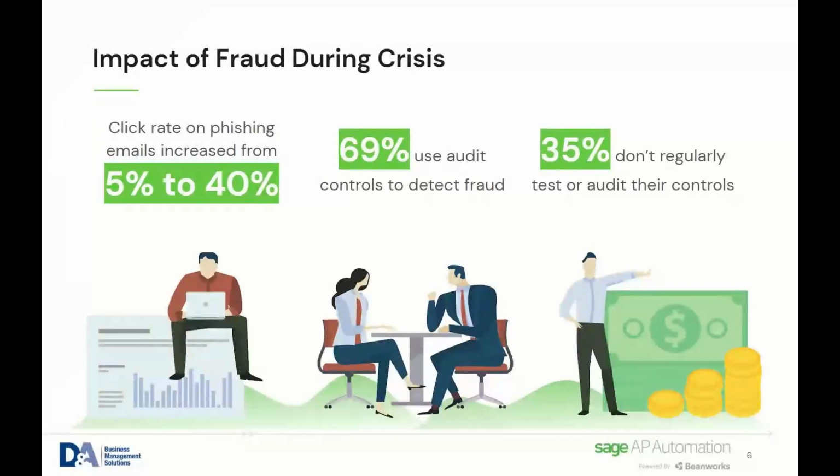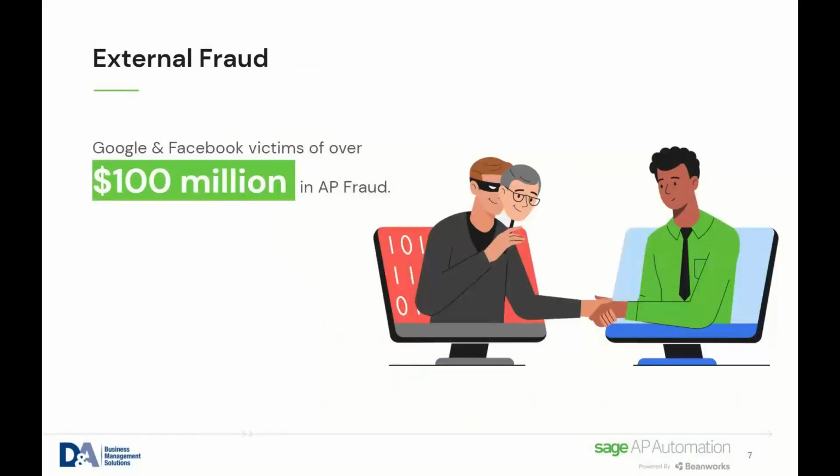So let's take a look at some real-life examples of fraud. We'll start with an external example. The victims in this setting were Google and Facebook. Between 2013 and 2015, both companies were scammed out of more than $100 million. The scammer set up a fake account of an actual business and sent out phishing emails to Facebook and Google.